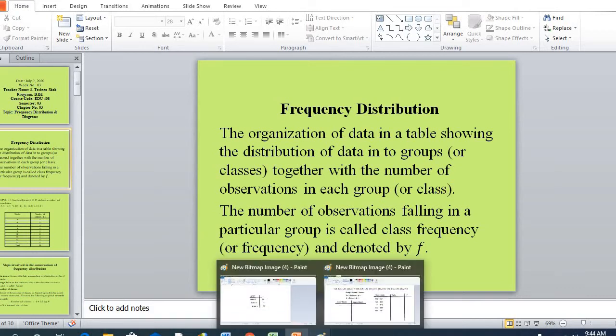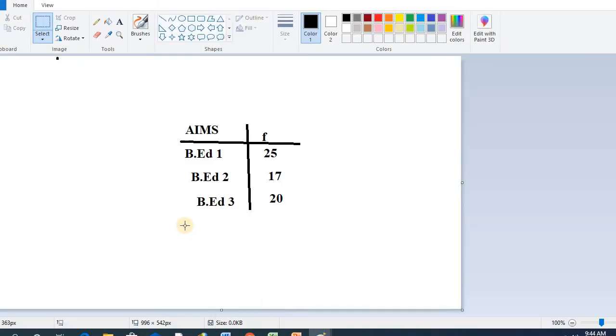Suppose the ages of students of education can be organized as group 1, group 2, group 3, and the number of observations in each group. So the organization of data in a table showing the distribution of data into groups is called frequency distribution.